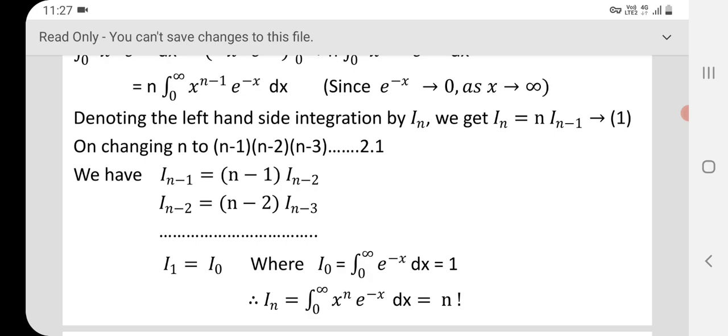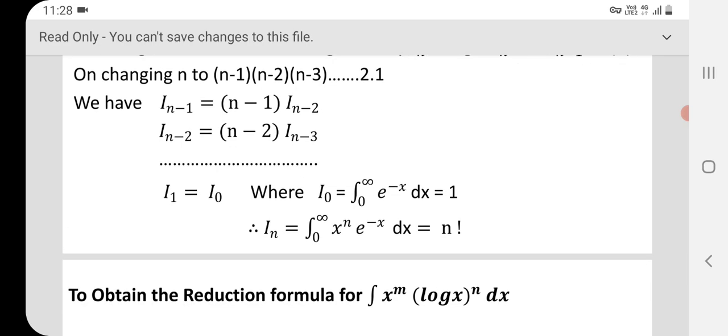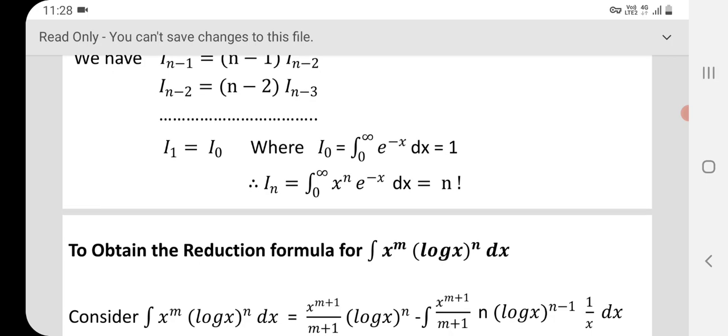The value of this integration is nothing but 1. Now we take all these substitutions in equation 1. We get I n equals integration from 0 to infinity of x power n into e power minus x dx. So this value is nothing but n into n minus 1, n minus 2, etc., up to 1, which we call n factorial.